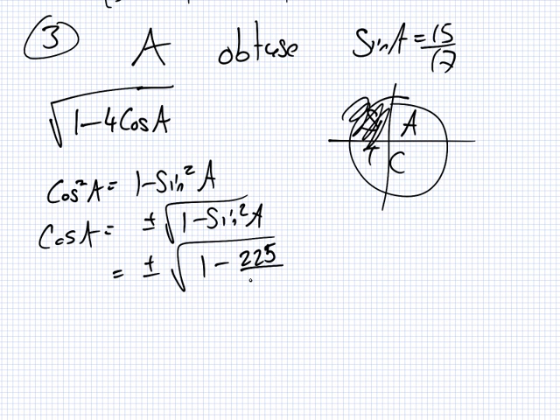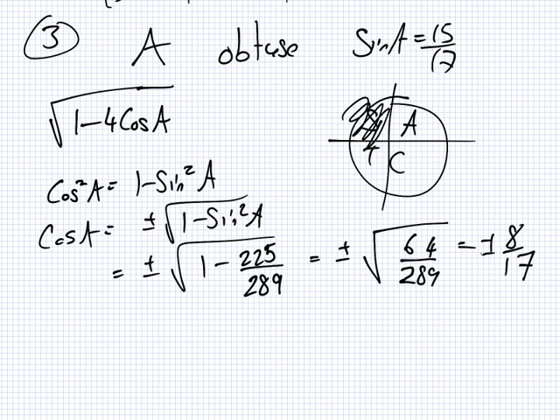What is 17 squared? 289. Right, so that is equal to plus or minus the square root of 64 over 289, which is plus or minus 8 over 17. Which do we choose? Well, in this quadrant cos is negative, so we choose the negative one.